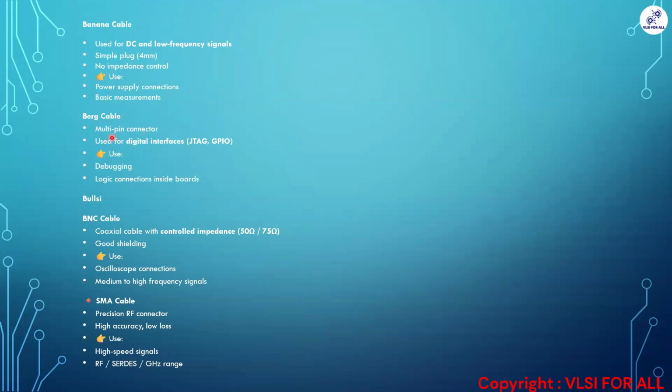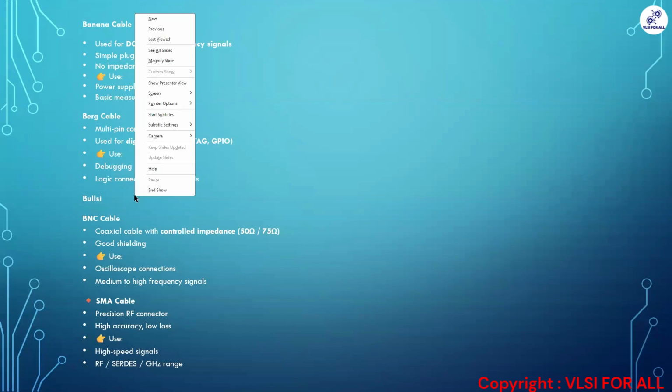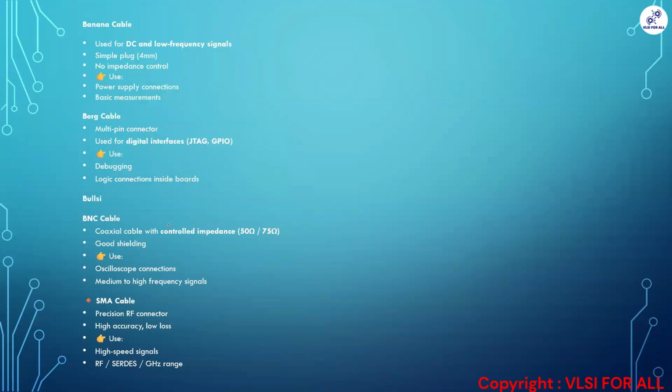Burg cable is used for multi-pin connectors. With that, we can connect to I2C, SPI, like that. It is used for digital interfaces like JTAG, GPIO, and for debugging logic connections inside boards. And the bullseye cable will look like this actually.